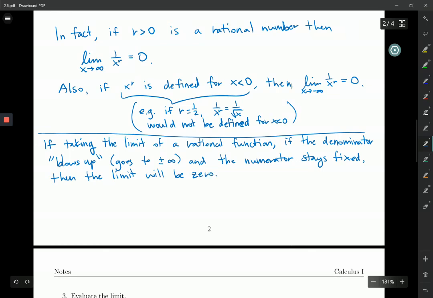Okay, so this is sort of the opposite statement of what we said before.